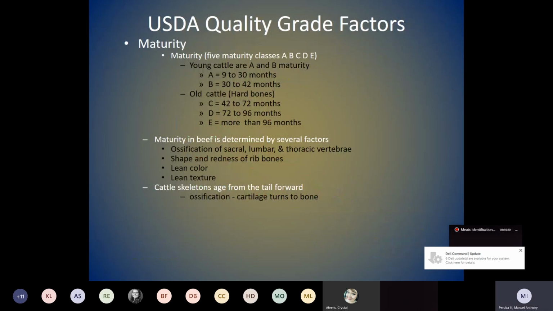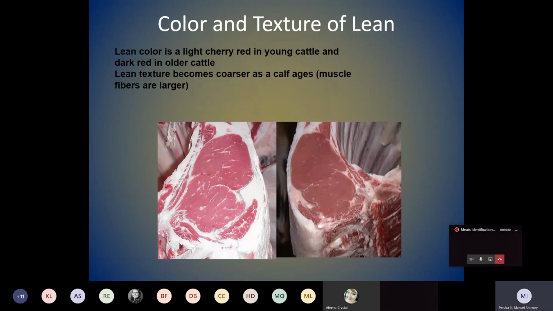This is not going to be too terribly important, other than knowing that most young cattle are between the age of 9 and 30 months. Really, 18 to 24 months is somewhere where the cattle are being harvested, depending on their growth rate. And then color of lean is important in placing classes.